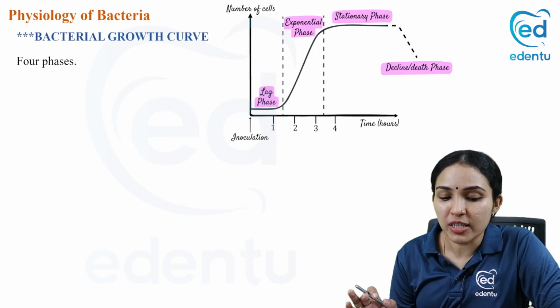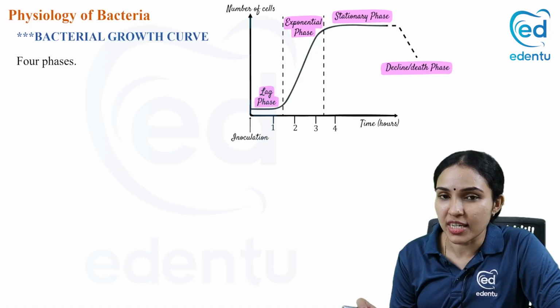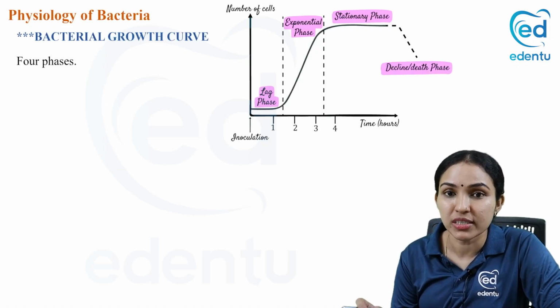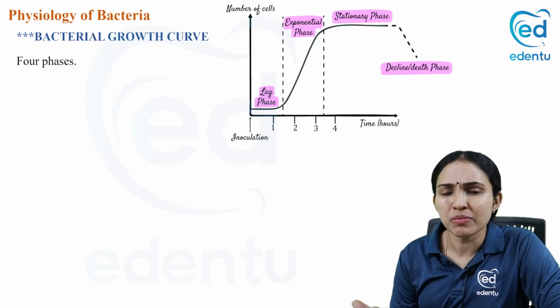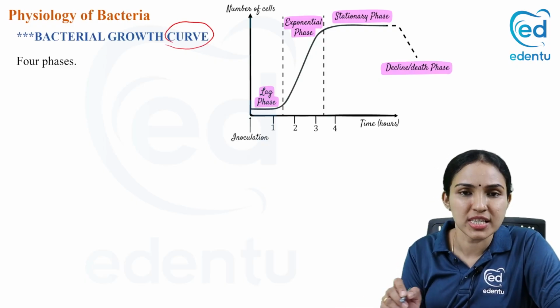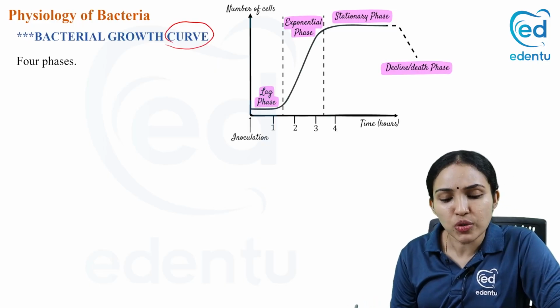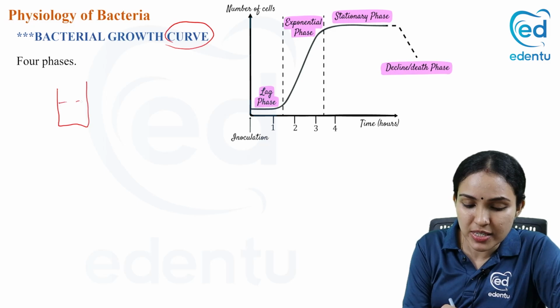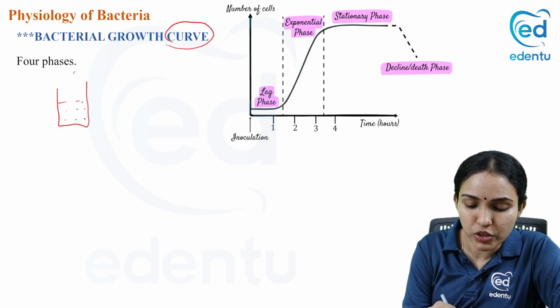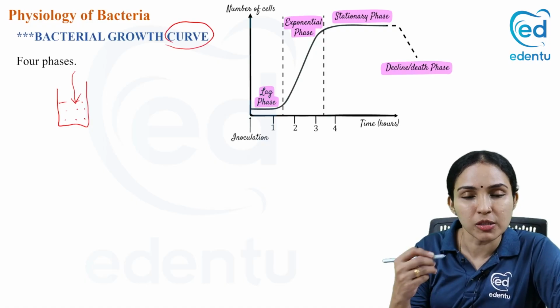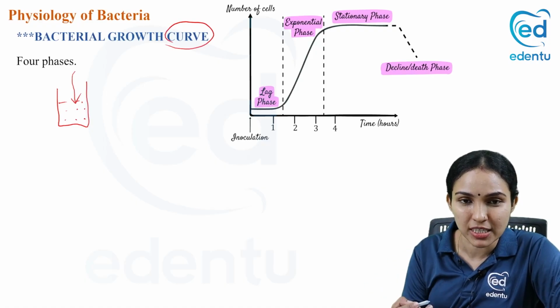Coming to the most important aspect of bacterial growth and nutrition, it is the bacterial growth curve. So what is meant by this bacterial growth curve? The name indicates curve, so it's some kind of a graph. Suppose you are inoculating bacteria. If this is a liquid culture medium, you are inoculating a sample into this culture medium, and the bacteria will start multiplying in the culture.